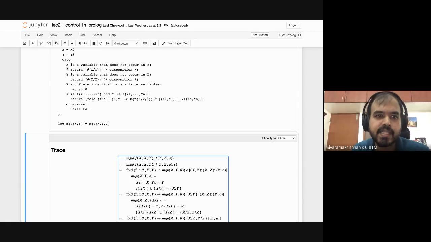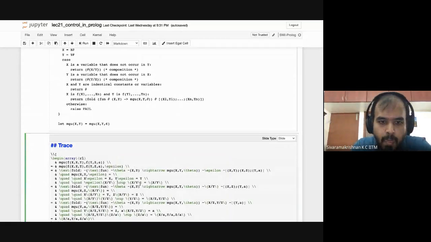The first case says that if x is a variable that does not occur in y, x is in fact a variable, right? x is a variable, and that does not occur in y. y is also a variable; it does not occur there. In which case, all you do is you take this theta and then compose it with x slash y. You take this epsilon and compose that with it. Actually, this is not necessary. Let me remove this, then continue.